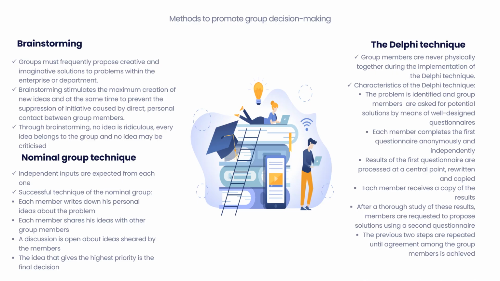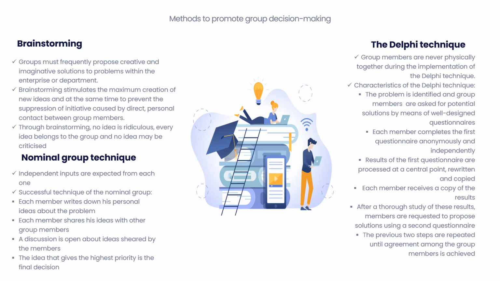Results of the first questionnaire are processed at a central point, rewritten and copied. Each member receives a copy of the results. After a thorough study of these results, members are asked to propose solutions using a second questionnaire.